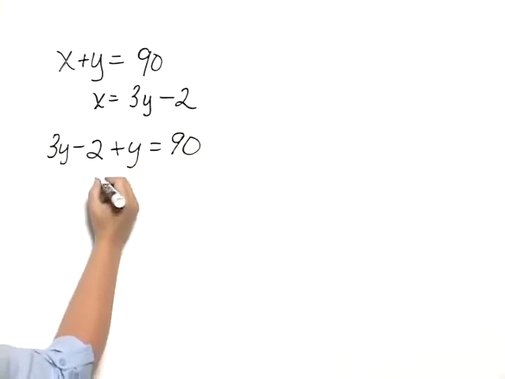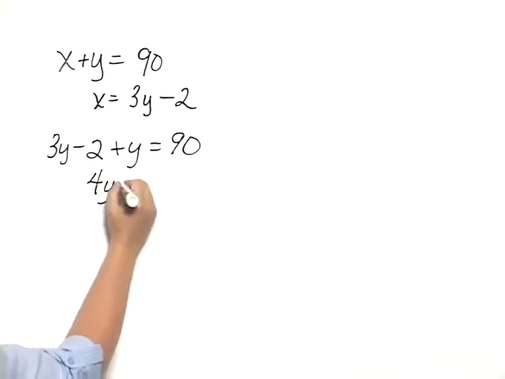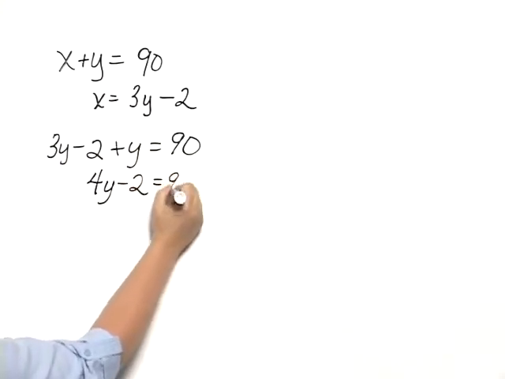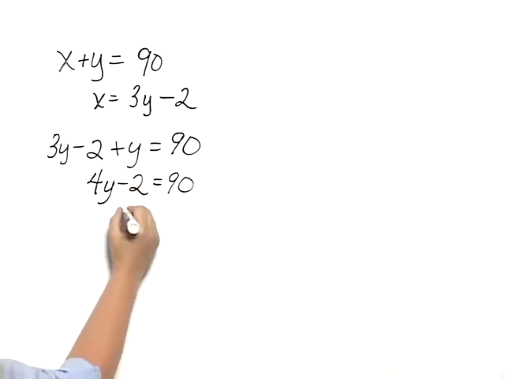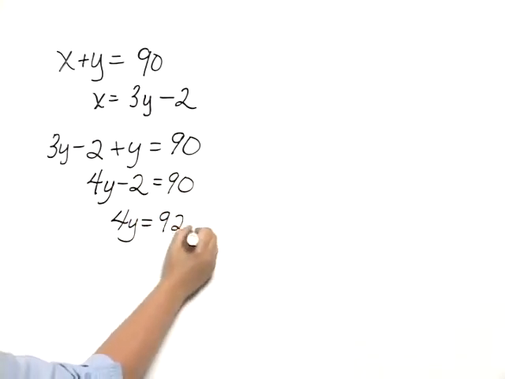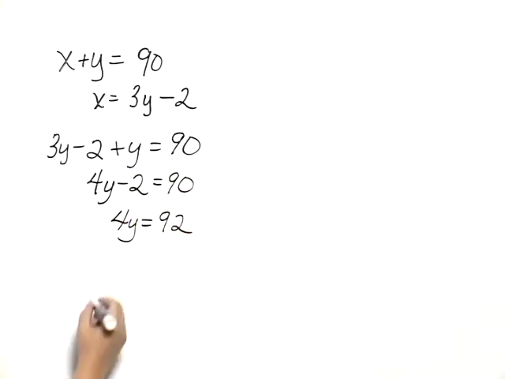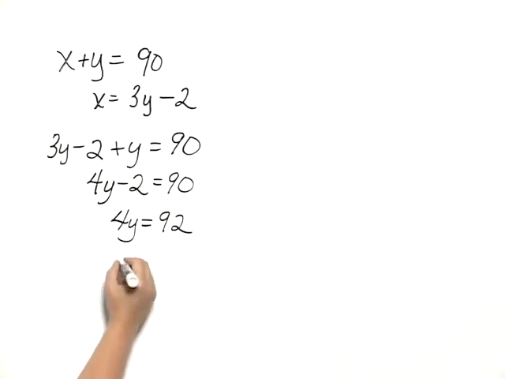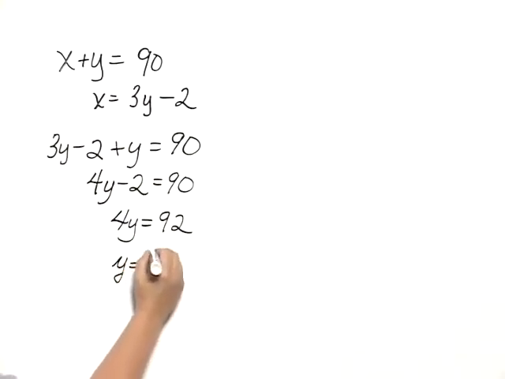Combining like terms, we get 4y minus 2 equals 90. Adding 2 to both sides, we get 4y equals 92. And then we divide both sides by 4, and we get y equals 23.